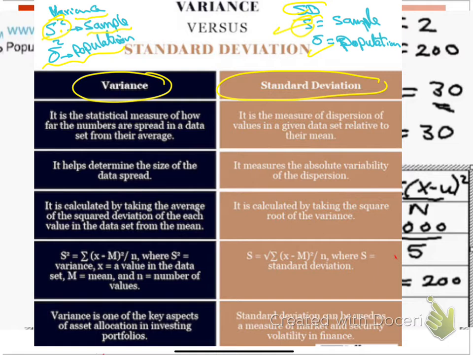Okay, since the variance is always squared, it will always be positive, because anything squared cannot be negative. So variance is always squared, and standard deviation could be negative and could be positive.